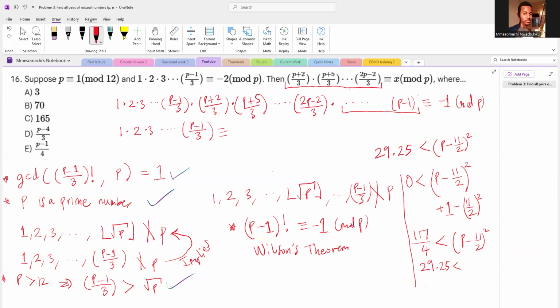So this is congruent to P minus 1, times P minus 2. So we can multiply this out. We're just counting the numbers from the back.